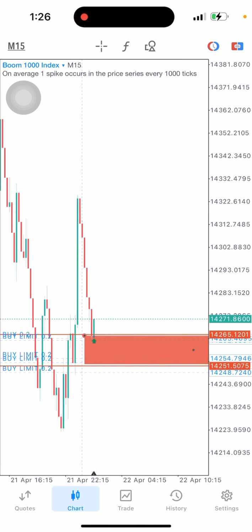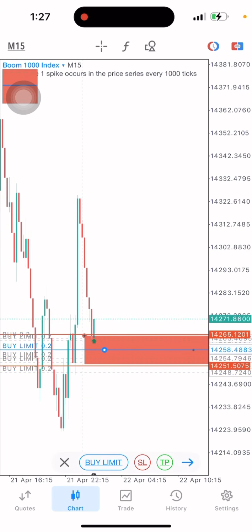In this case, you want to be able to catch spikes with it. So once price comes down and touches the pivot point, it should give us a spike, as we have seen here. So you can now set your limit orders right around the zone that you have marked.